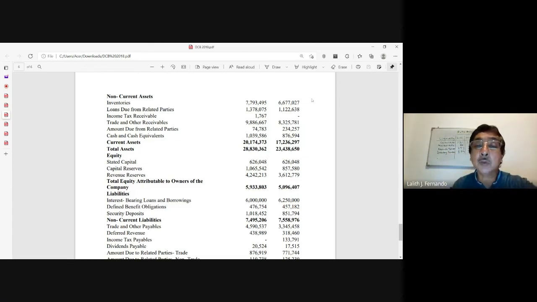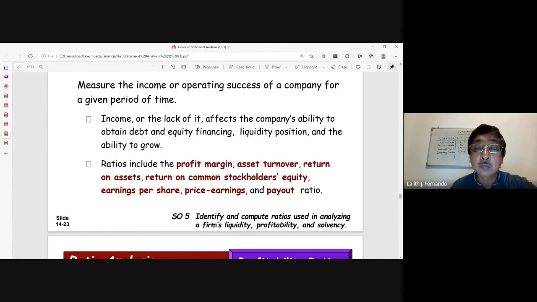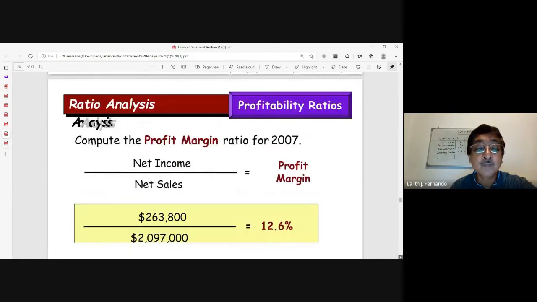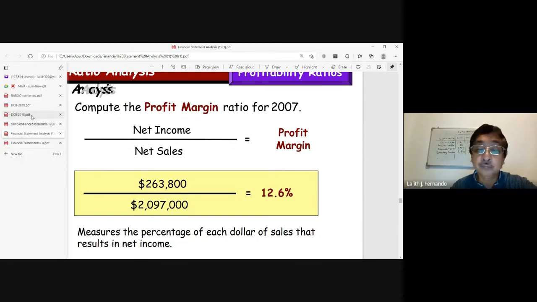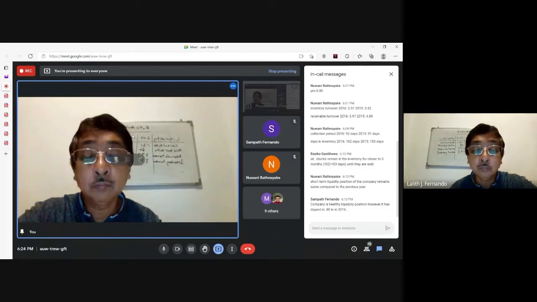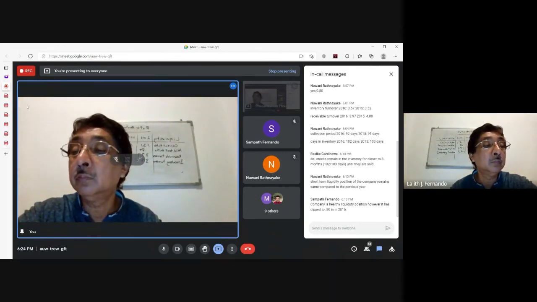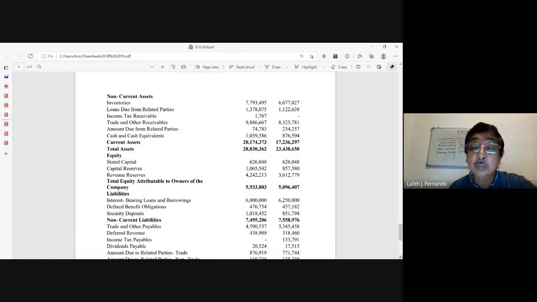So you can calculate the profit margin also. Sales and revenue.